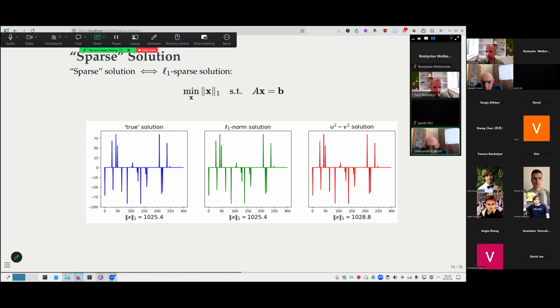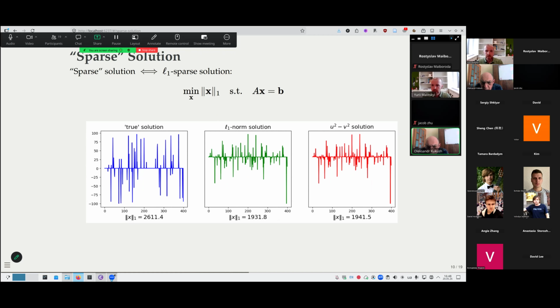Of course, it has a slightly worse norm, but visually it is basically indistinguishable from the previous solutions. It can be slightly worse, and we can also discover different solutions. By true I mean the one that I had to inject, since I need to inject some sparse solution. But of course, it can discover even a sparse solution in some sense. So the L1 norm is different, but both are very similar in this case.